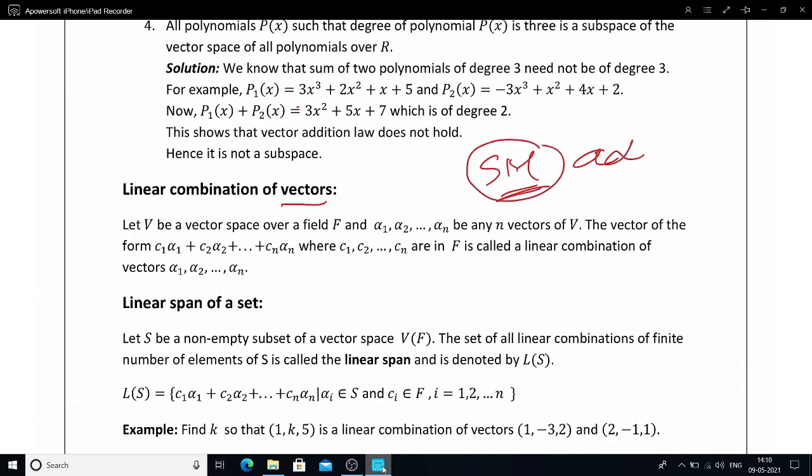For example, a1 alpha 1 for the first vector and scalar, a2 alpha 2 for the second vector and scalar, and a3 alpha 3 for the third. If I add these, if I sum all these, we form a linear combination of vectors.